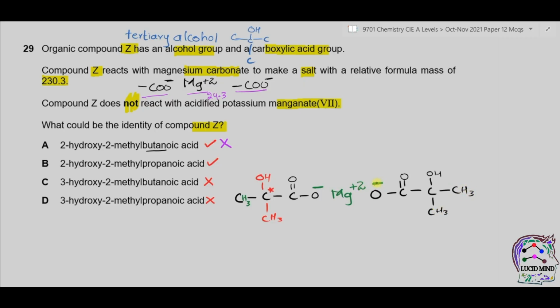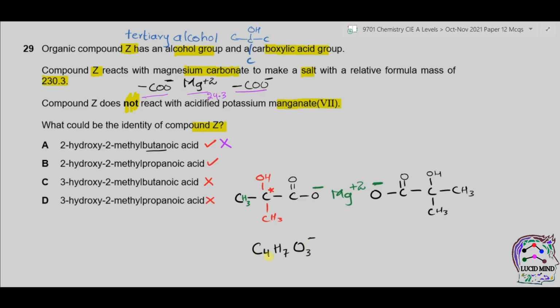The charge is negative. We can count the number of carbons. We have 4 carbon atoms on this side, 7 hydrogen atoms, 3 oxygen atoms, and we have a negative charge.